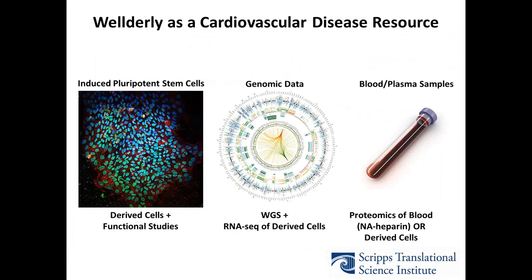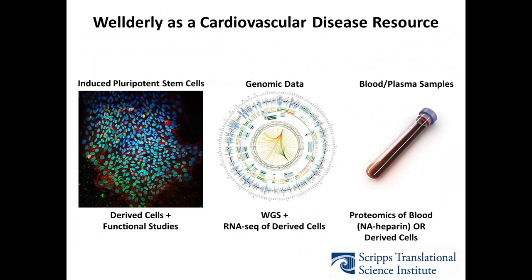There's obviously the whole genome sequencing data. Another thing that we discussed at our meeting at Scripps is to do RNA-seq on these derived cells and pair that with all the other information we have. And finally, we talked about doing proteomics from the blood.